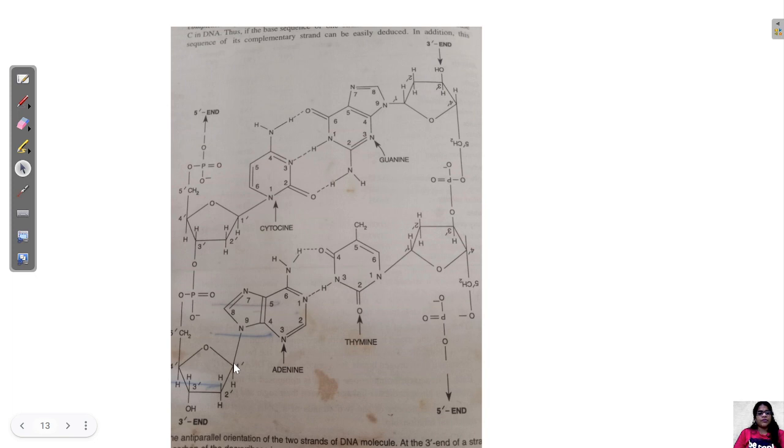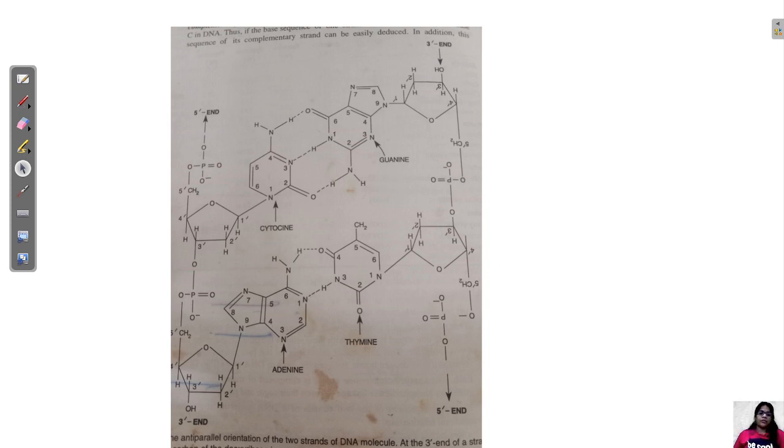So at the first position you have nitrogenous bases attached and at the 3' you have your sugar and phosphate backbone. Okay, so this is the triple bond that is formed between cytosine and guanine, and it is a double bond between adenine and thymine. So this is how a DNA is structurally linked in each strand, how they are properly arranged.